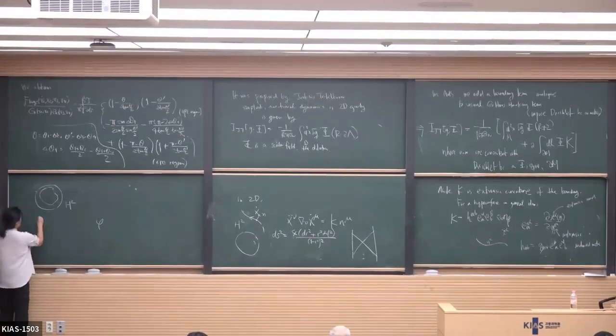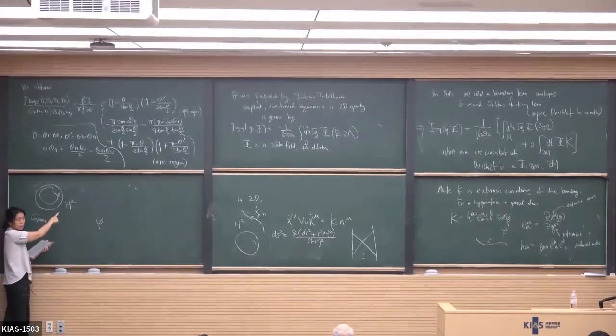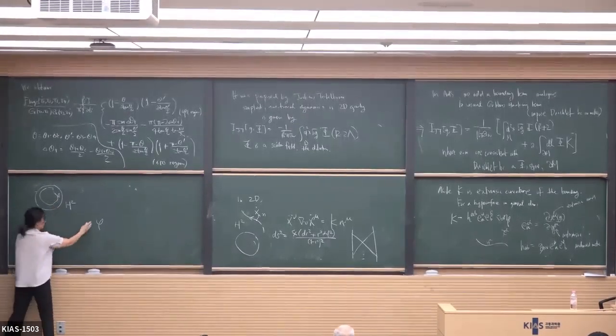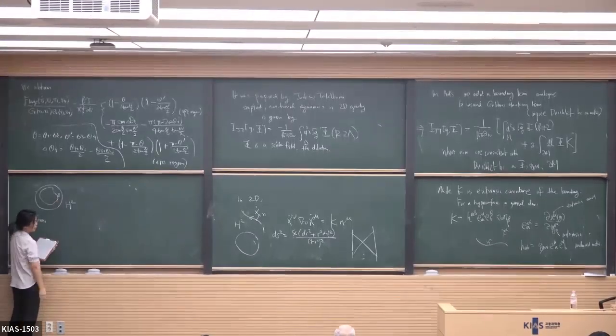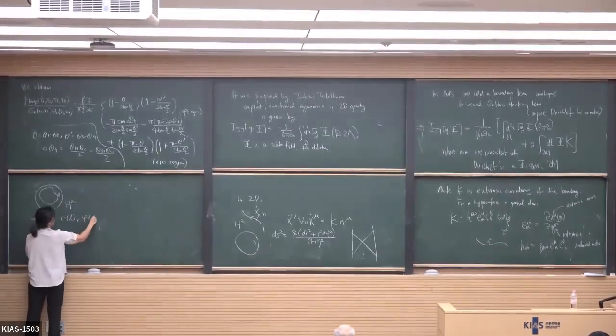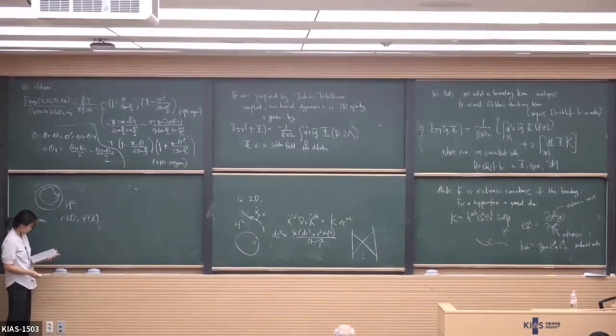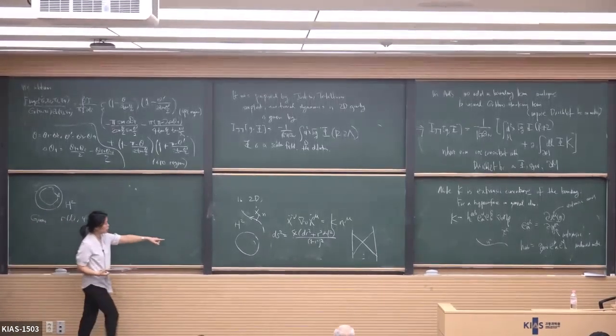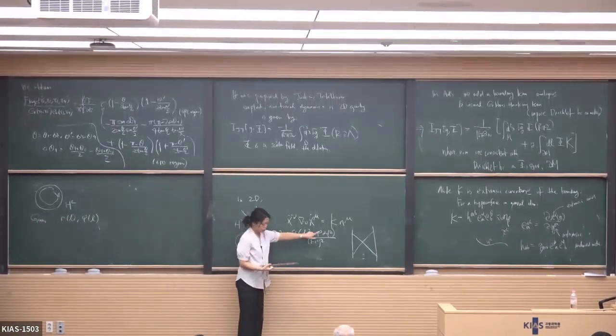So this curve is going to be parameterized by some proper Euclidean time L. Okay, so this curve is given by R as a function of L and phi as a function of L, right? So R and phi are these coordinates on H2.